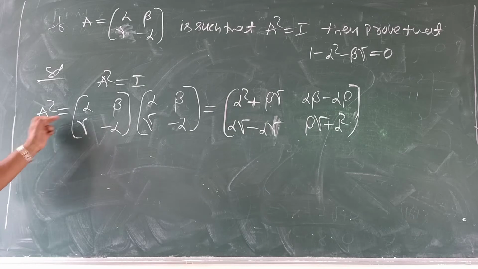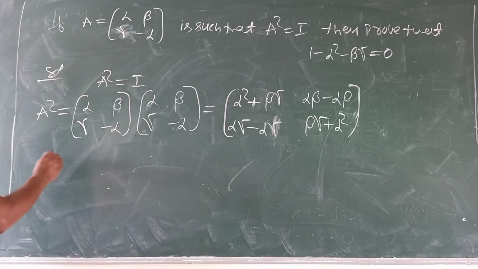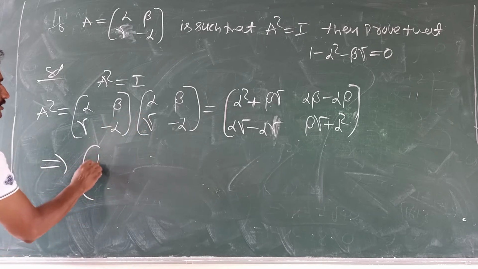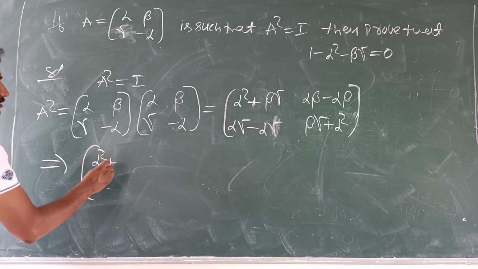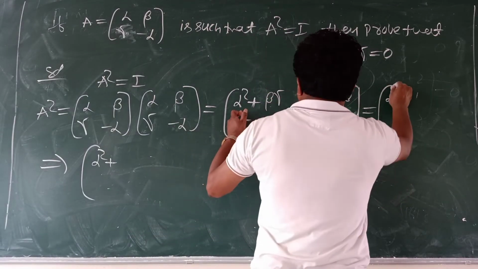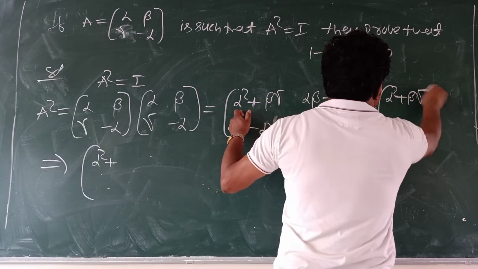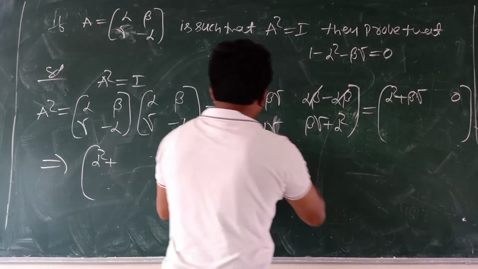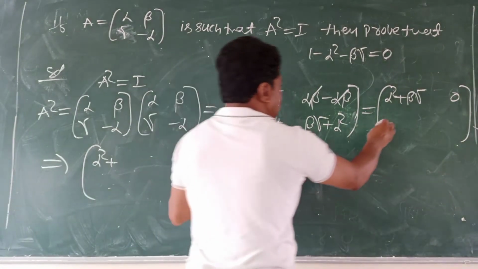You substitute A square and I in this equation. How much is A square? A square is alpha square plus beta gamma, alpha beta gets cancelled, 0. Next, alpha gamma, 0.